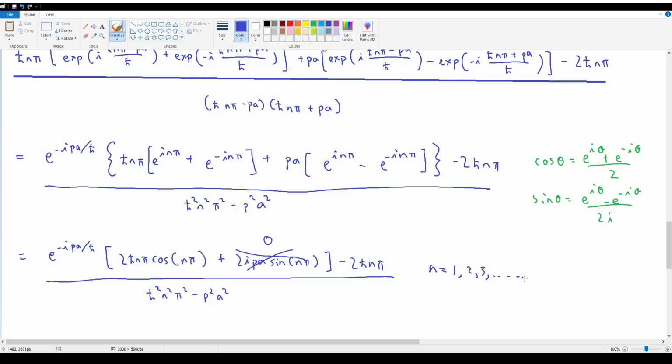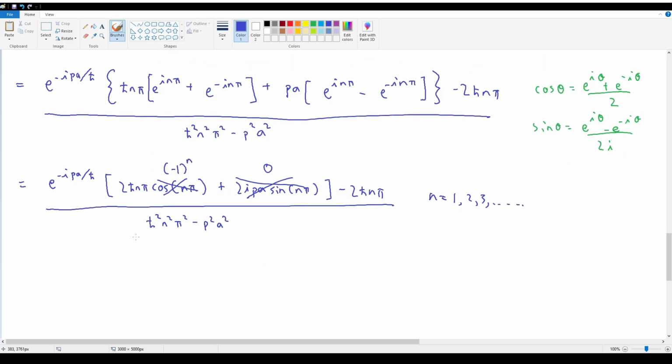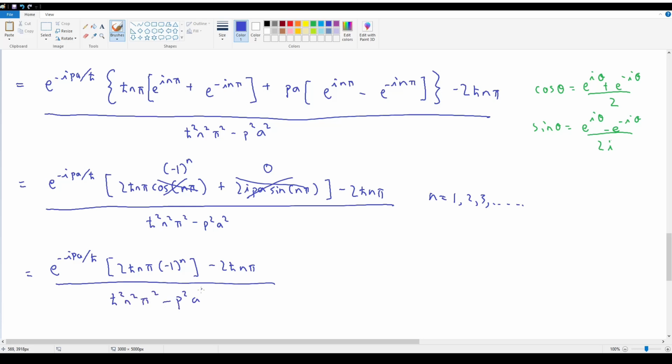Cosine is going to alternate between -1 and 1, so this term is actually equal to just -1 to the power of n, right? In which case, if we plug that back in, we get a significantly more simple expression, e to the negative iPA over h bar multiplied by 2 h bar n pi times -1 to the power of n minus 2 h bar n pi, all divided by h bar squared n squared pi squared minus p squared a squared.